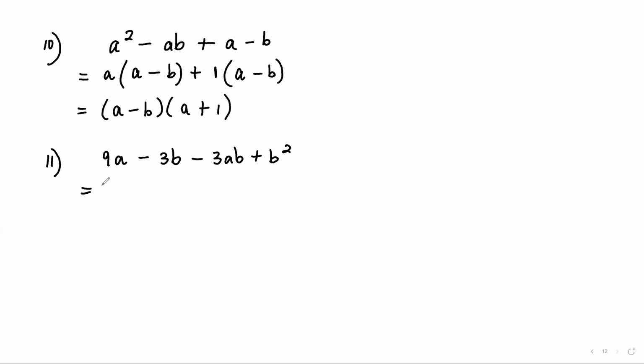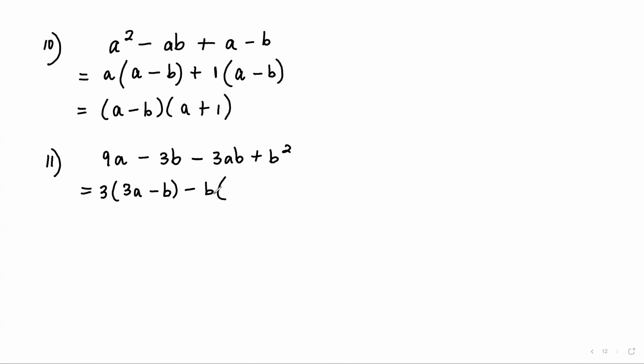The common factor is 3. So 3 times 3a gives me 9a, and 3 times minus b gives me minus 3b. I'm going to bring down this minus sign here, right? So the common factor between 3ab and b squared is b.